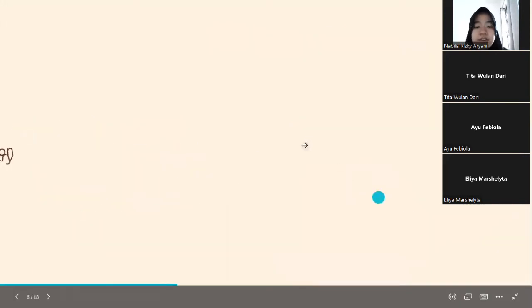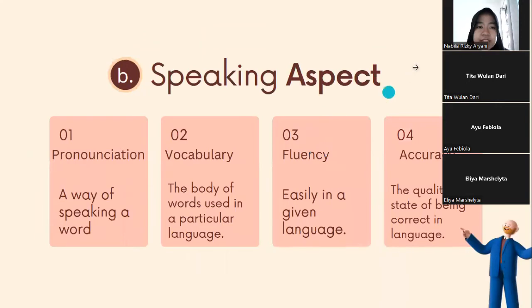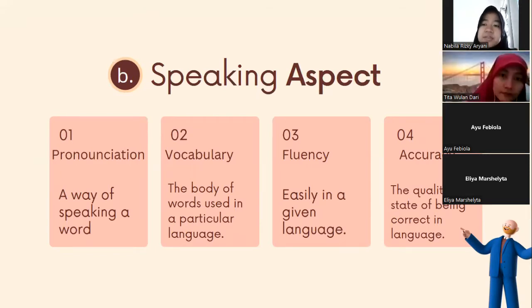So next is the speaking aspect. The speaking aspect that we all understand is categorized into four aspects. First is pronunciation, second is vocabulary, third is fluency, and the fourth is accuracy. So number one, pronunciation. Pronunciation is the sound in a familiar way that makes someone able to understand what the speakers mean.